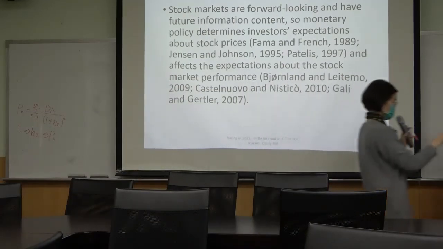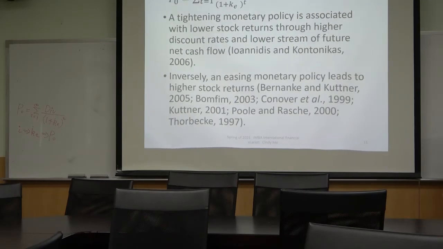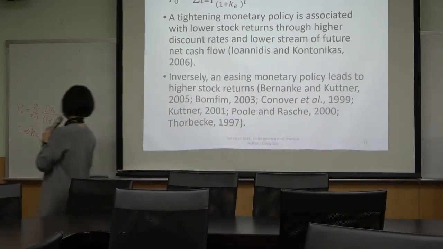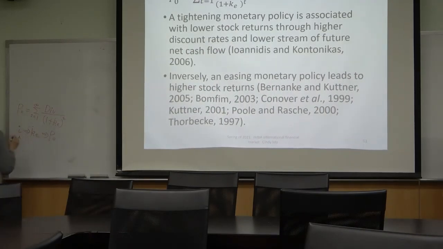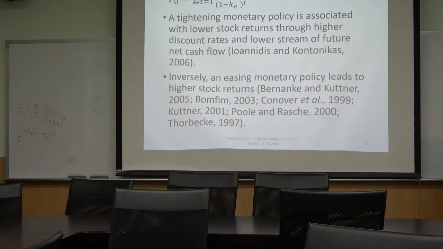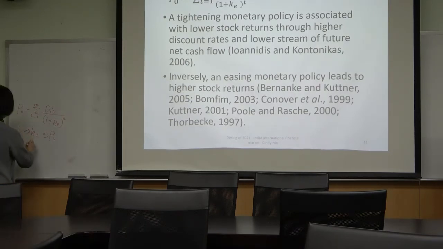So let's see. If now the central bank or the Federal Reserve conducts a tightening monetary policy, which means the interest rate will go up, of course, investors might require a higher rate of return. So KE will also go up.